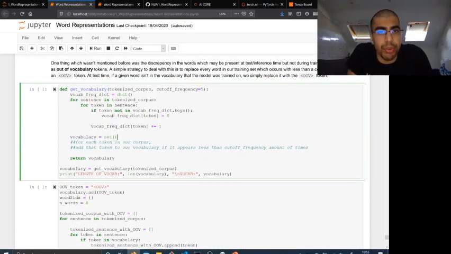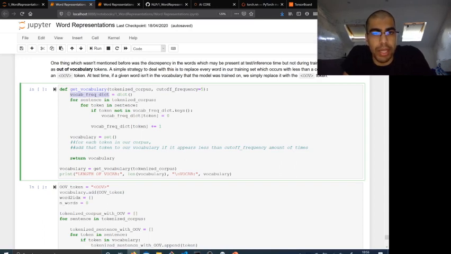Okay, so let's read through this function. We're going to pass in our tokenized corpus and the frequency threshold that we want to cut off under. We're going to initialize our vocab frequency dict, which is a dictionary where the key is the word and the value is the frequency that it appears.